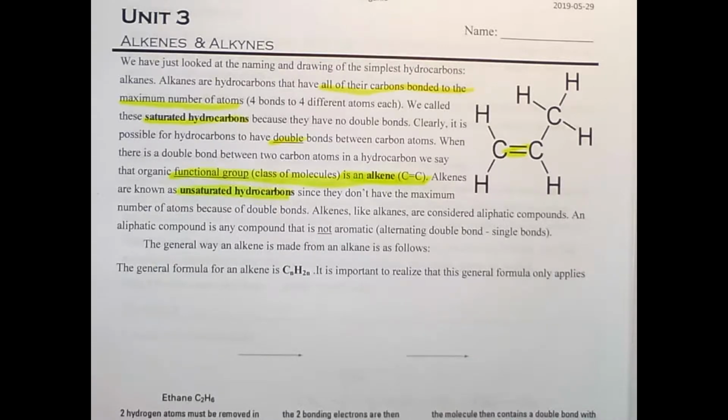And again, this word probably is familiar to you because it is used for saturated and unsaturated fats in nutrition. Alkenes are considered aliphatic because they do not have benzene attached to them, but they are relatively predictable. They are reactive, so they will react with things.